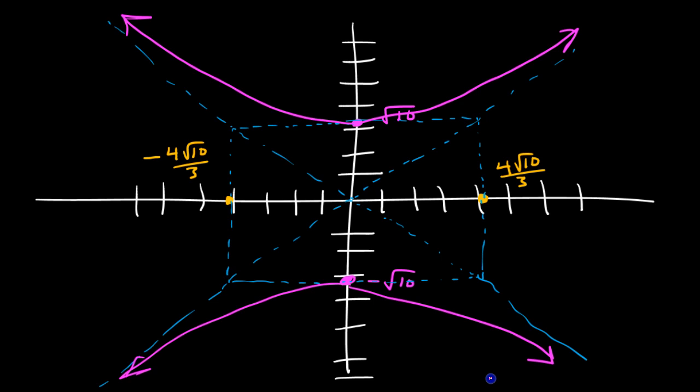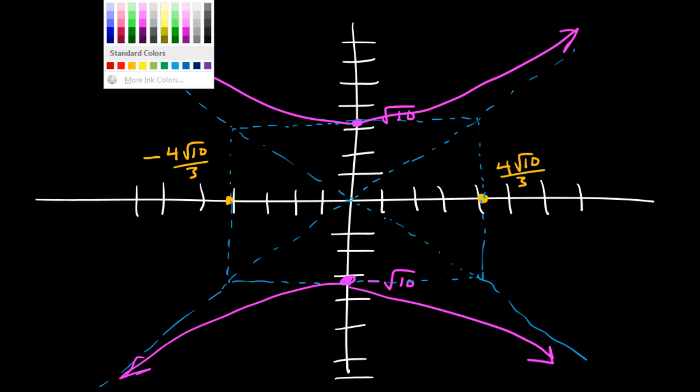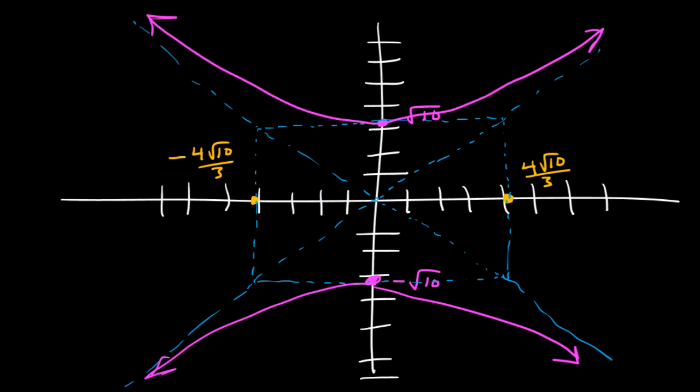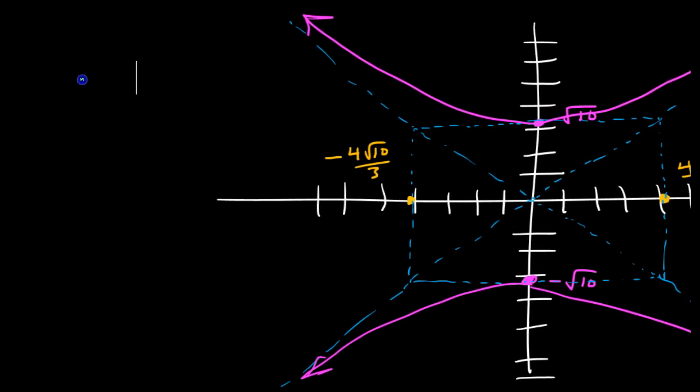Okay, so I guess I'll find the foci now. So I should have foci floating in the interior of these branches somewhere. So the way I can find the foci is by thinking about the c value.